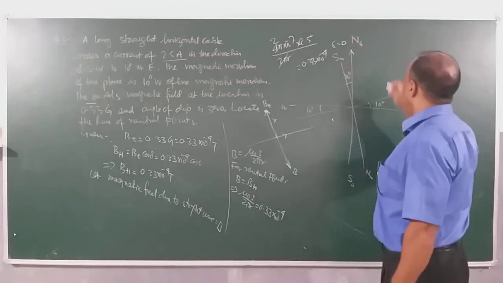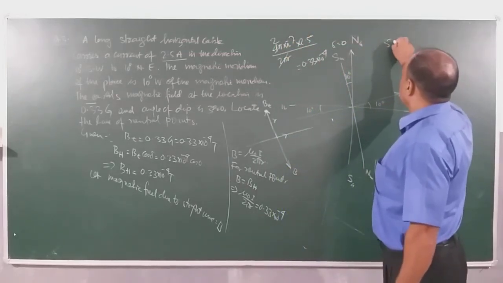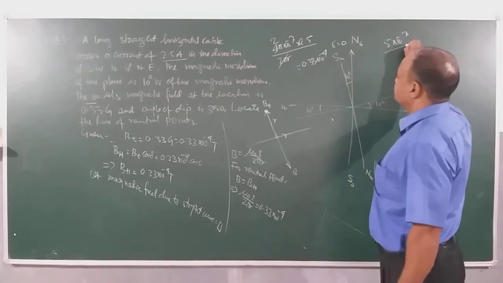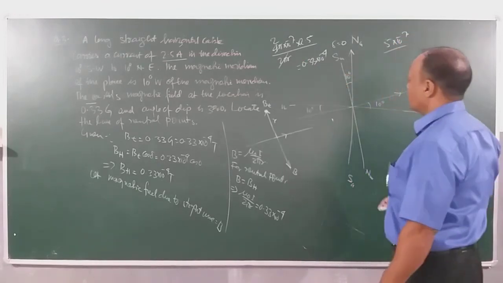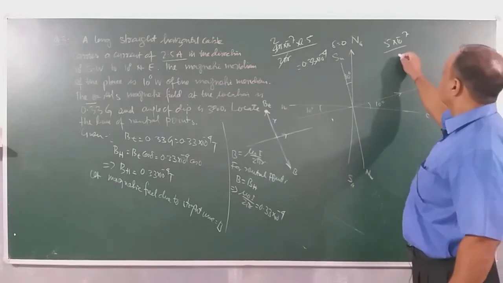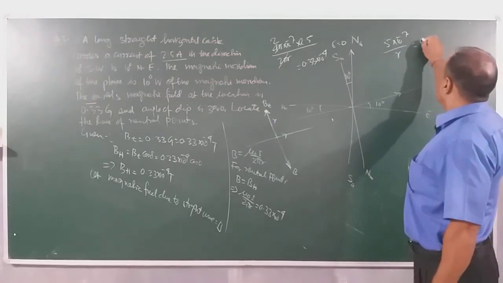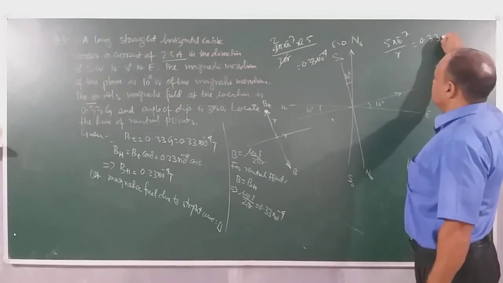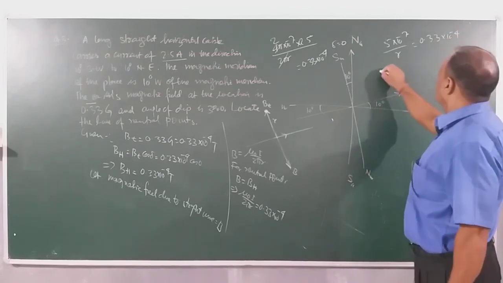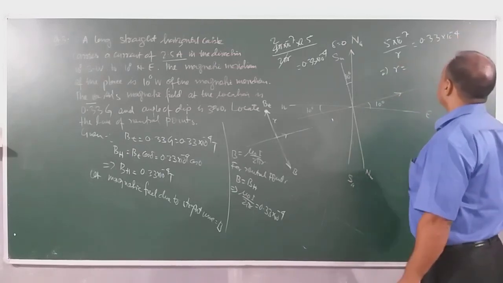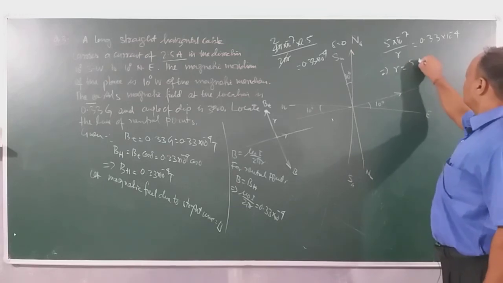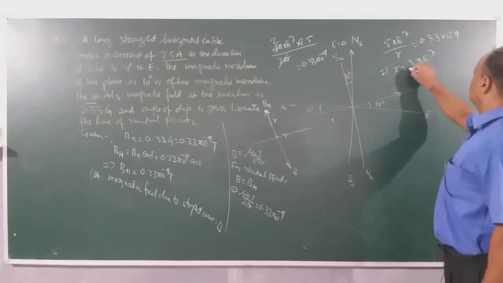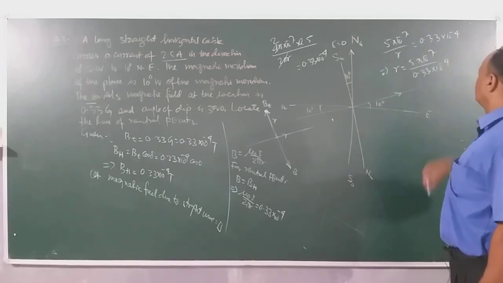So finally we get 5 into 10 power minus 7 divided by r is equal to 0.33 into 10 power minus 4. So r is 5 into 10 power minus 7 divided by 0.33 into 10 power minus 4.